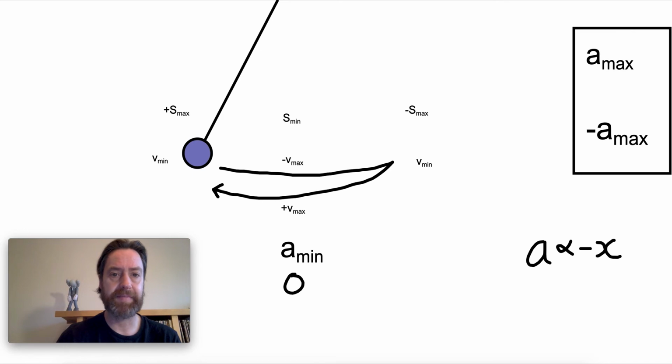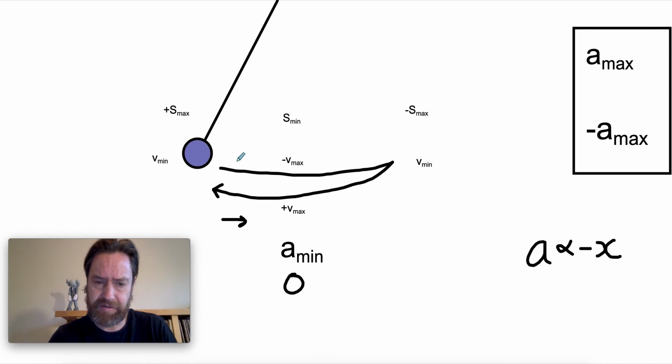So we get a maximum acceleration, but we've got to decide the sense of it. As we move over to this positive side here, let's say on this return journey up here, the restoring force is slowing it down. It's trying to accelerate it in that direction. And in the initial situation, the acceleration was increasing the velocity and making the velocity head that way.